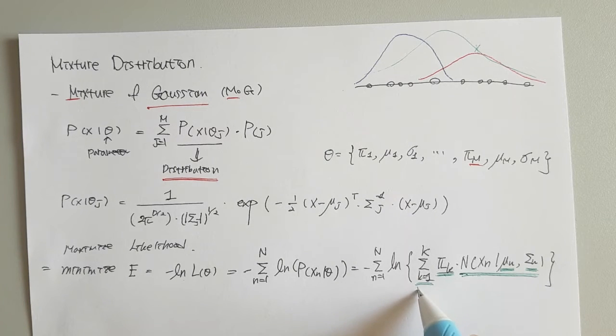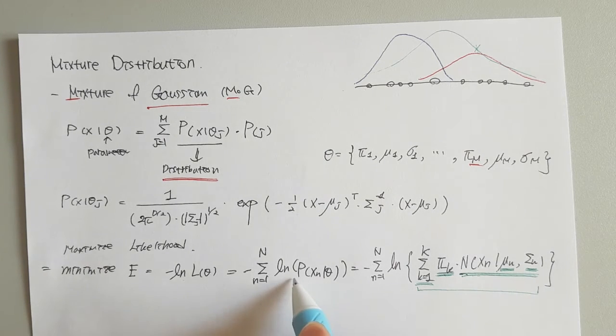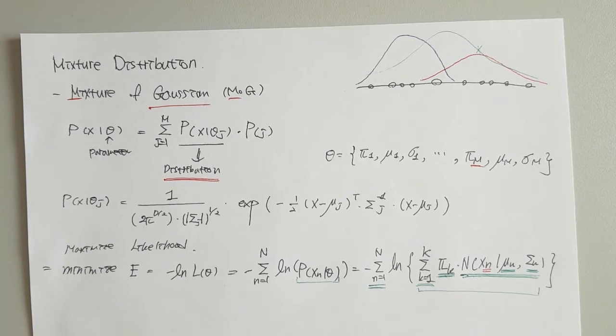Finally, this equation is just a probability, for every single data point, so we sum up all the errors on the data, then we calculate our likelihood or error.